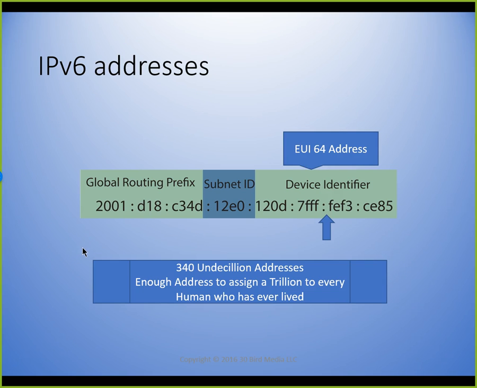The next topic is IPv6 addresses. They look a little different. And we talked about EUI-64 addresses last night a little bit, and the tip-off here is the FFFE in the middle of this thing. So with EUI-64, we're going to have the prefix.